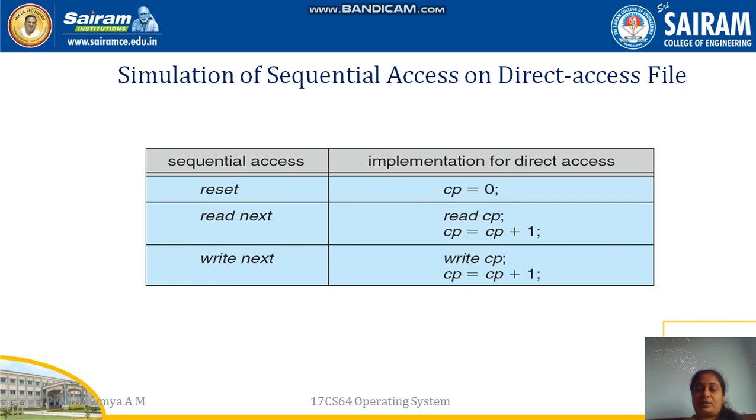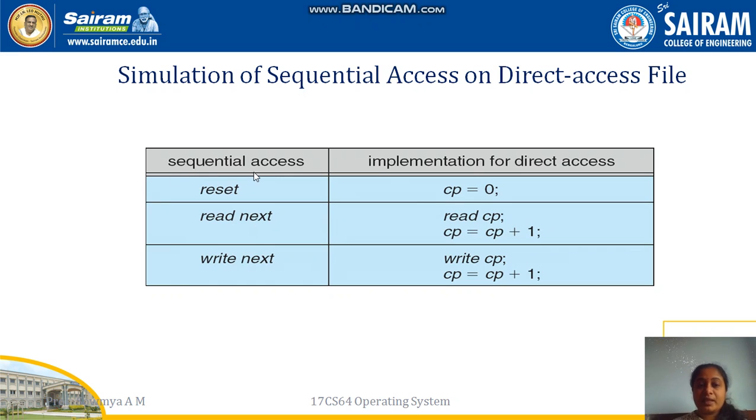Now a simulation of the sequence of access on sequential and direct access files. In the sequential access file, it only uses the next pointer, meaning it goes sequentially. In the direct access method, you can access directly by giving the relative address.